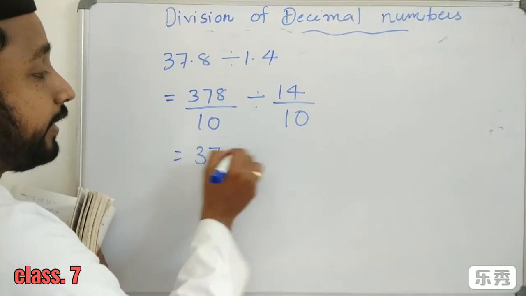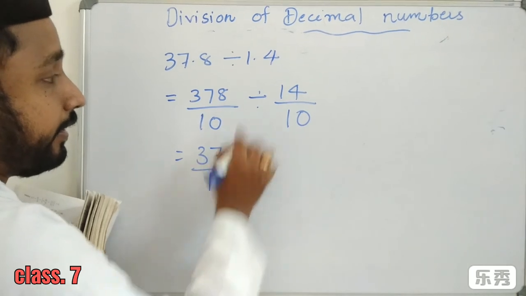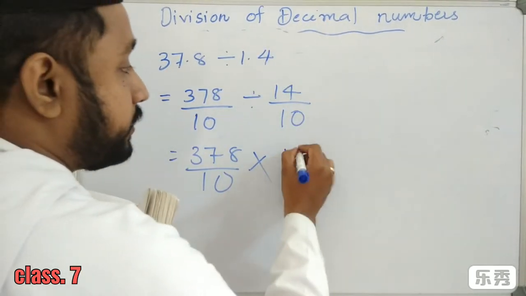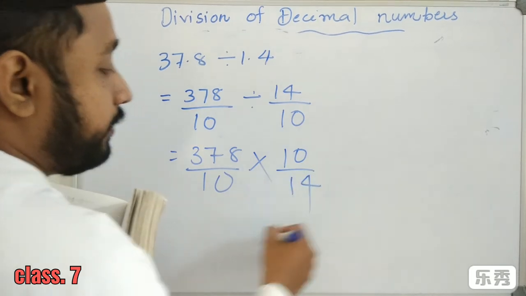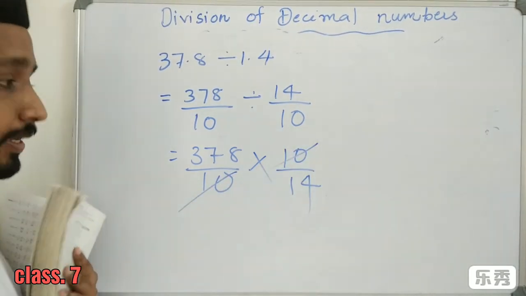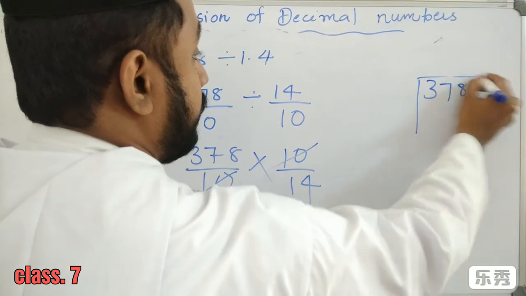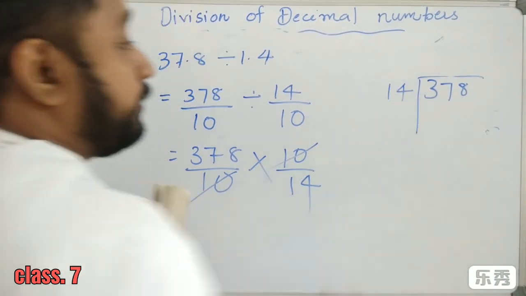So 378 by 10, division changed into multiplication, then the reciprocal, that is 10 by 14. This 10 and 10 we can easily cut, that is 378 by 14.